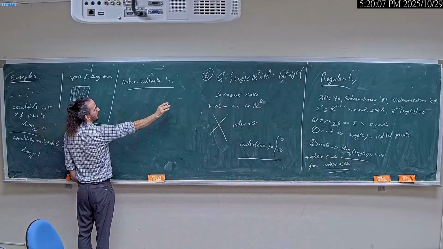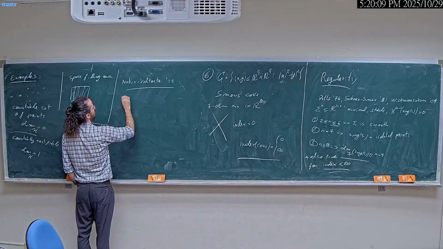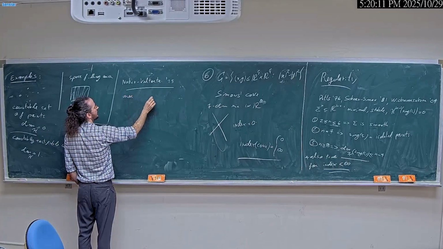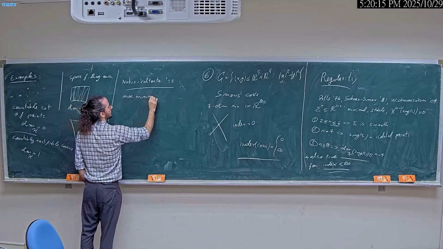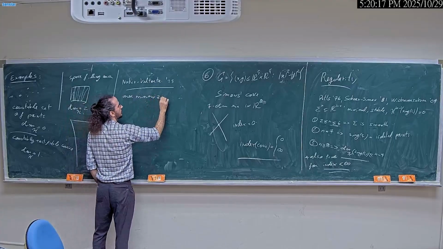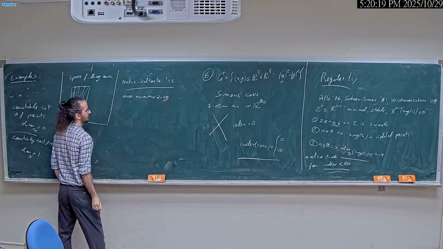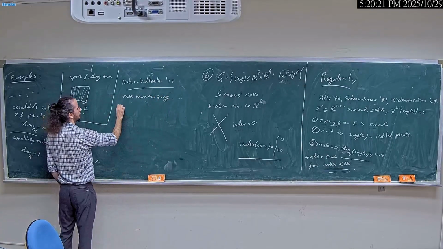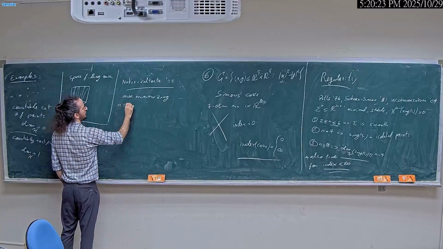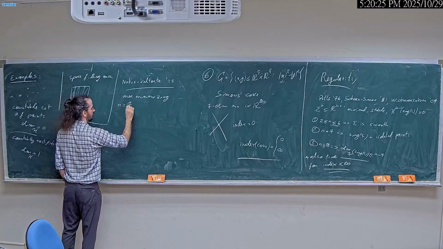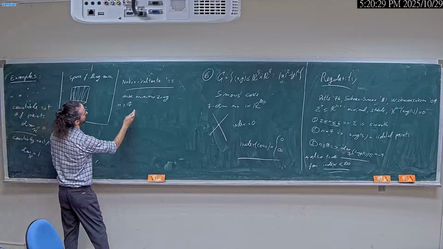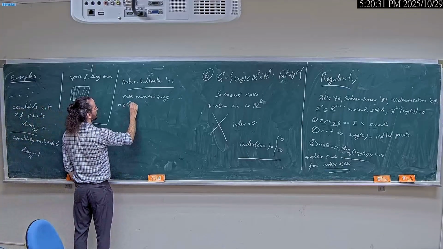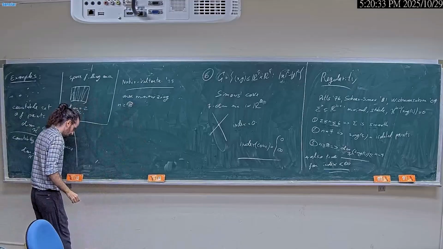So if you have all the same hypotheses, and instead of stable, you have area minimizing, and I'm assuming n is greater or equal than, let's say, 8.